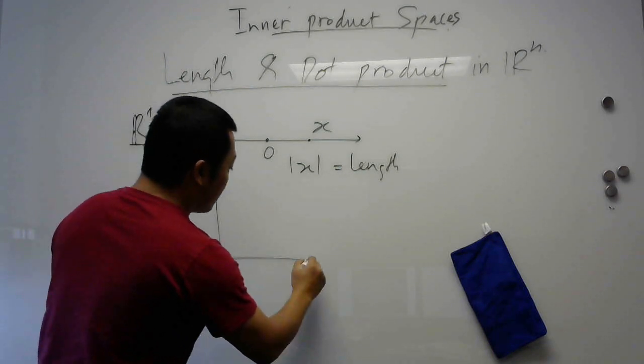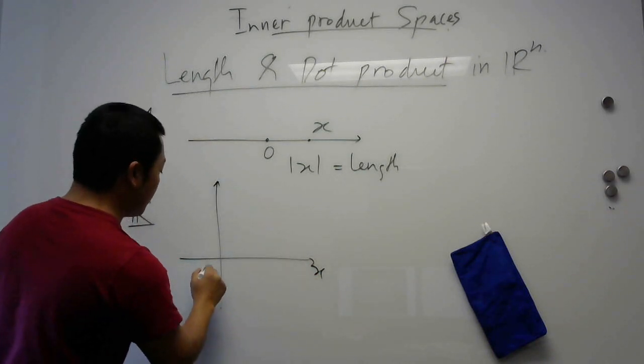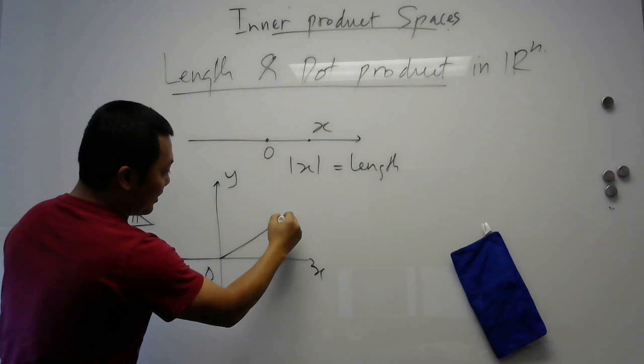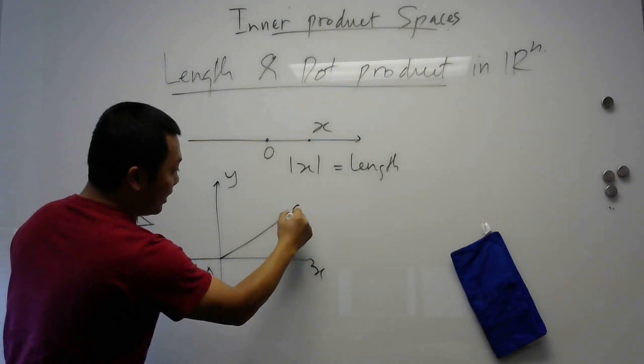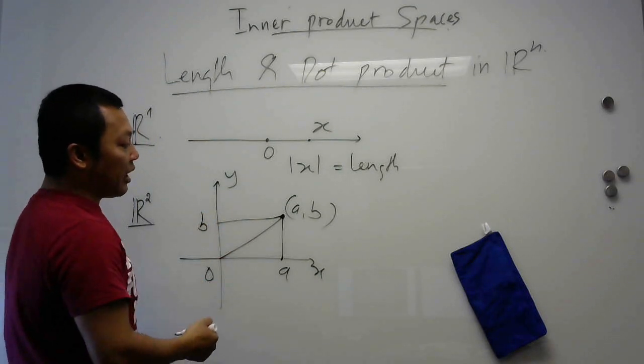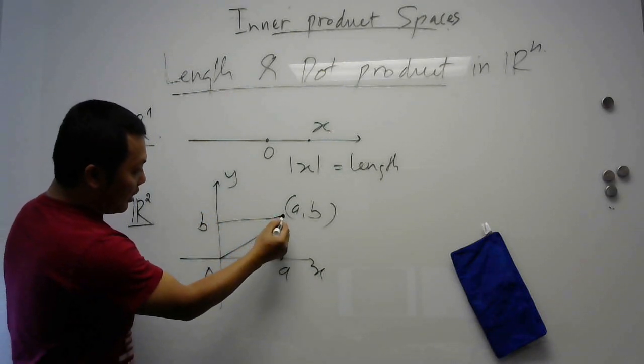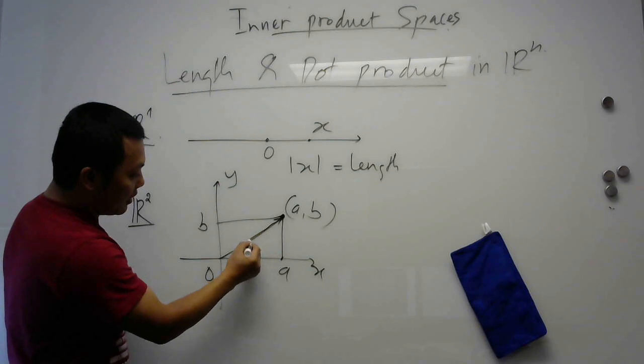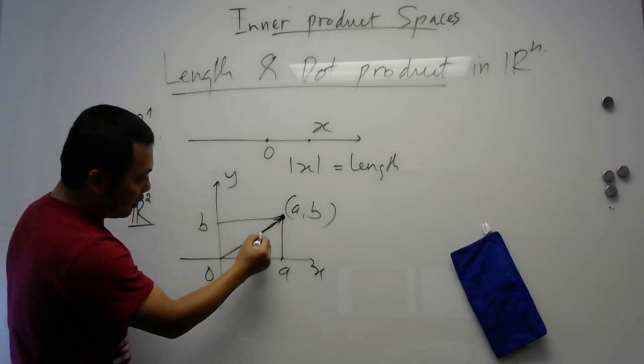In R2, we know this from high school. If you have any vector, any point here, with coordinates a and b, we can measure the length of this vector. That is the distance from that point to the origin.